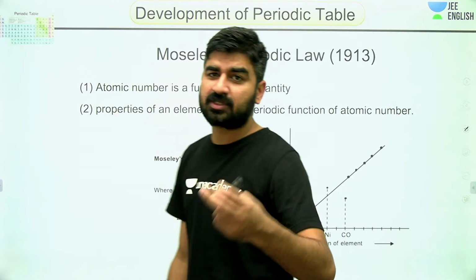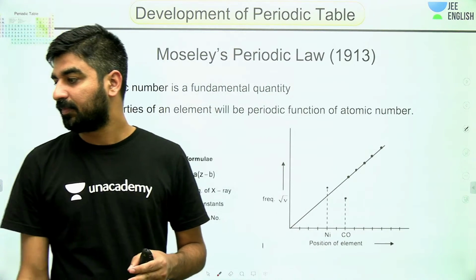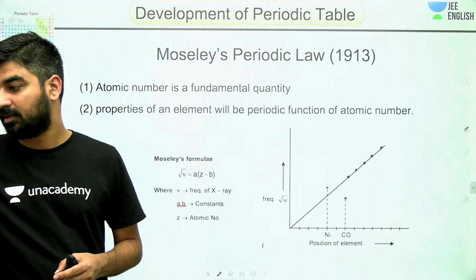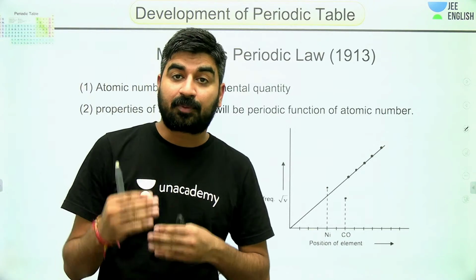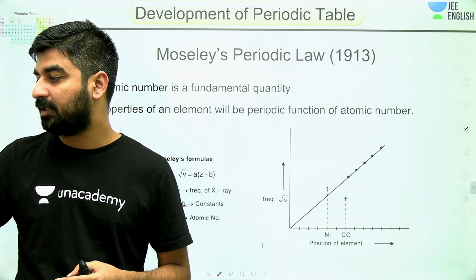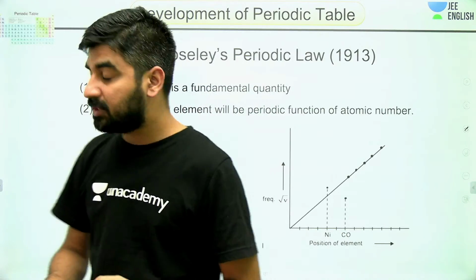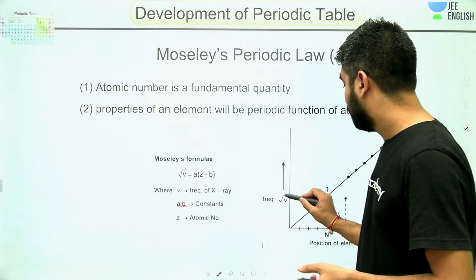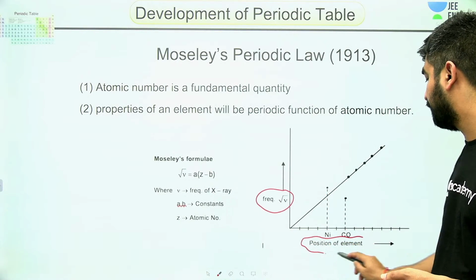So what Moseley did, actually before Moseley everybody was saying that properties are a periodic function of atomic mass. But Moseley performed an experiment and he connected the frequency with the position of the element.